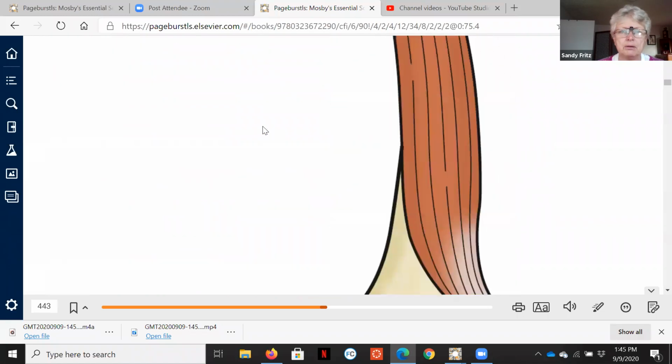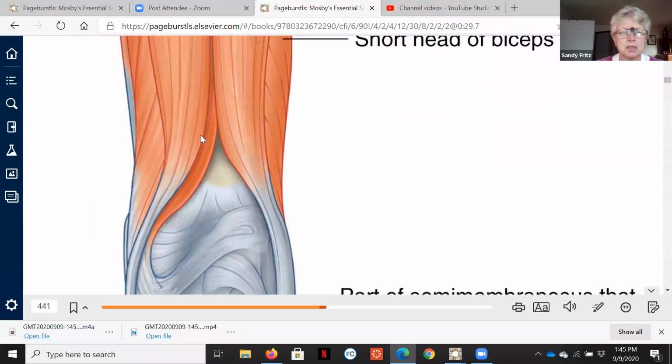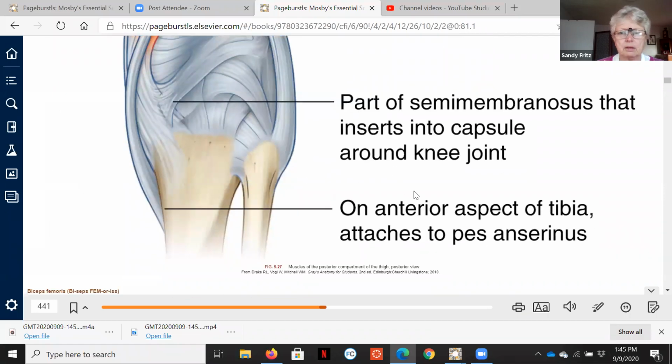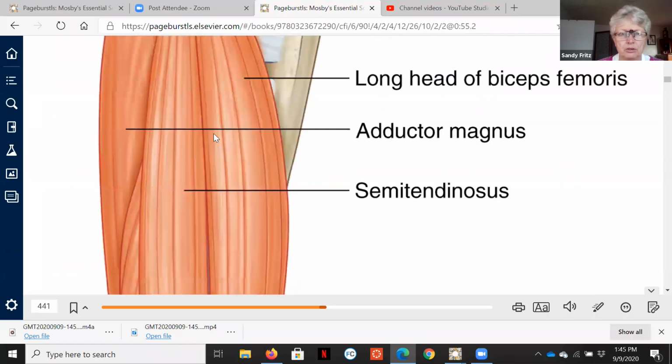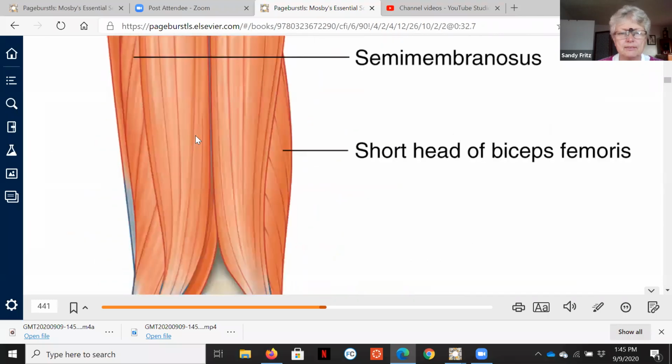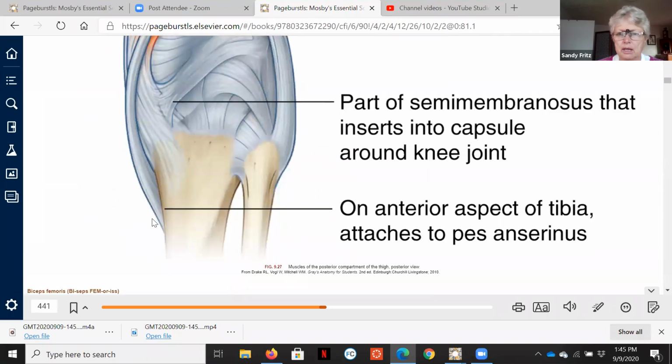And if we come up here and look at the picture of this, we can see that over here. And you've got multiple muscles that attach there. And you can palpate that, and it can be exquisitely sore.